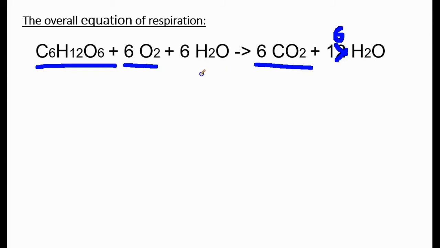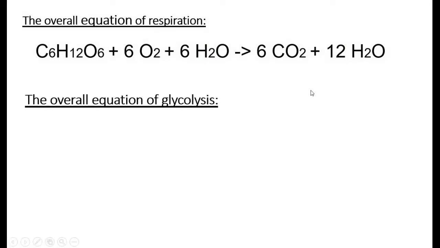So you had the simplified version where you take out the 6 water molecules on each side. But scientists, just like for photosynthesis, by using specific isotopes, were able to say that this is the complete equation. So this is what it looks like. You need to know it by heart.